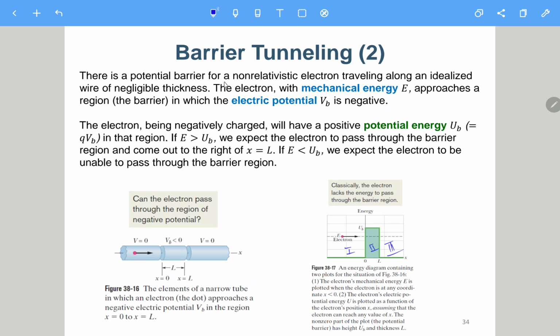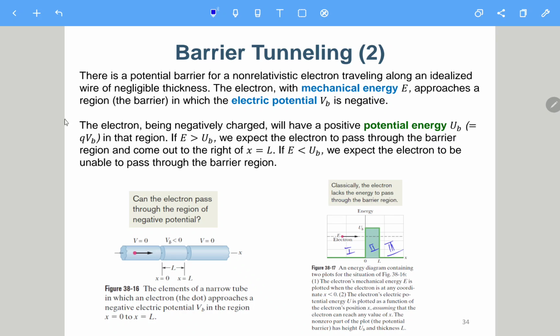So there is a potential barrier for a non-relativistic electron traveling along an idealized wire of negligible thickness. The electron of mechanical energy E approaches a barrier region in which the electric potential VB is negative.